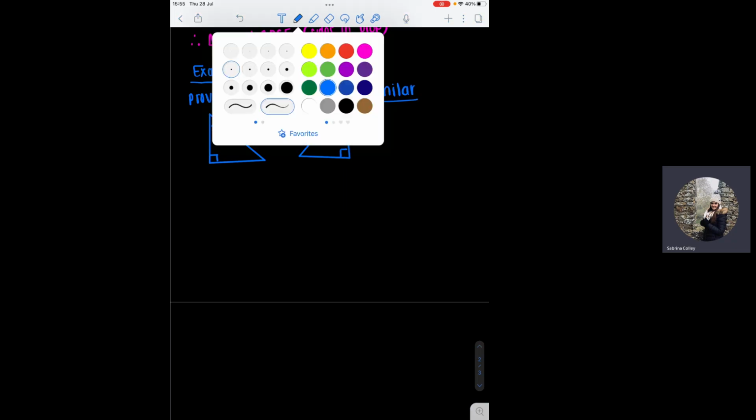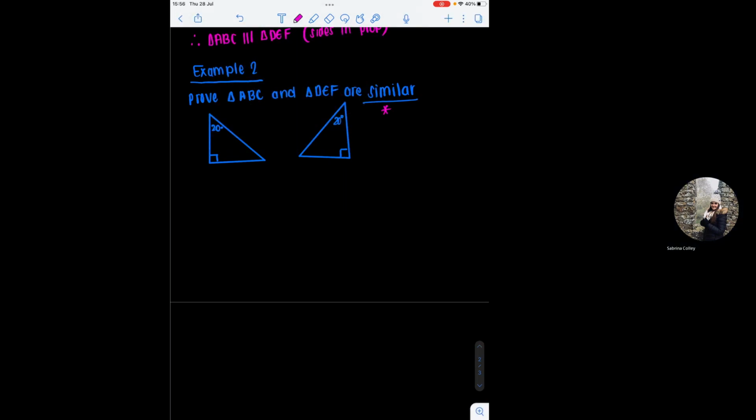So now I know with similarity, either I have to prove all angles equal, so all corresponding angles are equal, or sides in proportion. So I'm not going to choose the sides in proportion because they don't give me any length. So it's going to be very difficult for me to do so. So what I'm going to do is I'm going to use the angles because they give me 20 degrees and they give me 90.